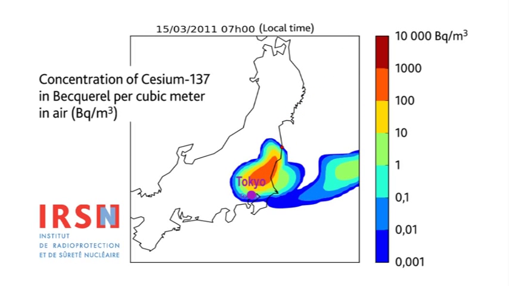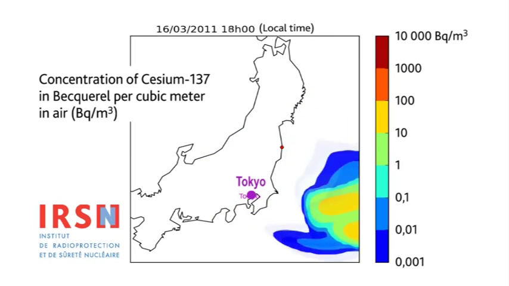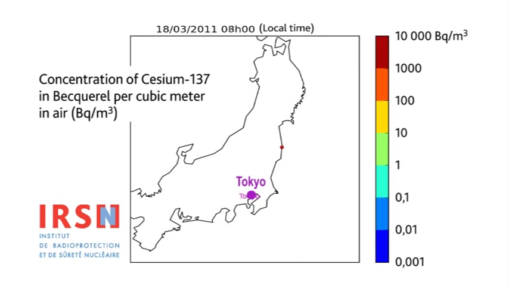The air currents changed, and the next plume reached the Tokyo area on March 15th. The same day, major releases were dispersed to the northwest, together with heavy rainfall and wet snow, causing important radioactive deposits on soil and plants. Significant radioactive releases continued until March 25th, lasting for nearly 2 weeks.